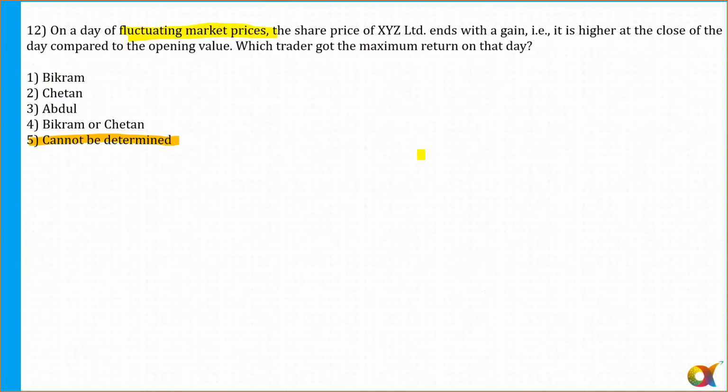The share price of XYZ Limited ends with a gain, for example, it is higher at the close. So only one thing is given here, that F is definitely greater than A. But then it is A, B, C, D, E, F, and it is fluctuating. So there can be increase or decrease, or it might be possible all of them are equal. So which trader got the minimum return on that day? The answer is cannot be determined. We cannot determine which trader has got the minimum return on that day.